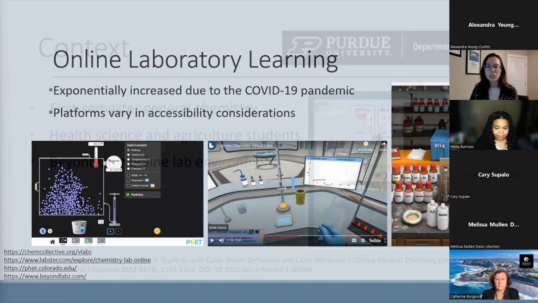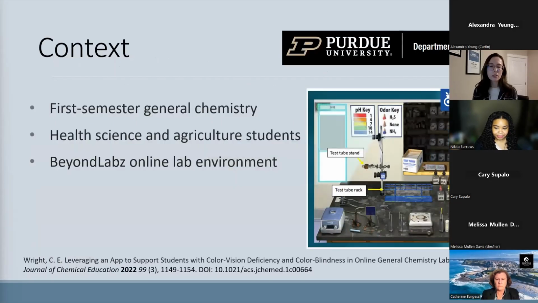And so what I'm going to be sharing with you today in talking about online lab accessibility is an intervention we did in our course for health science and agriculture students when I was working at Purdue University. And the details of that are in a recent publication in the Journal of Chemical Education that's on the bottom of the slide here.